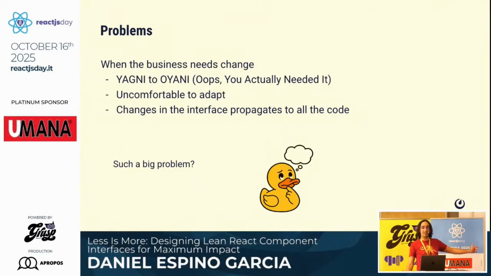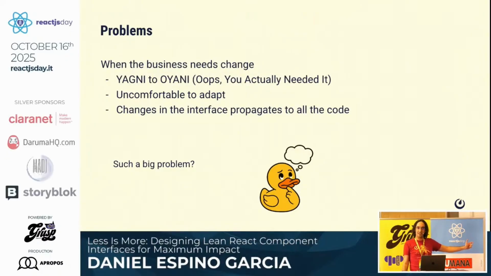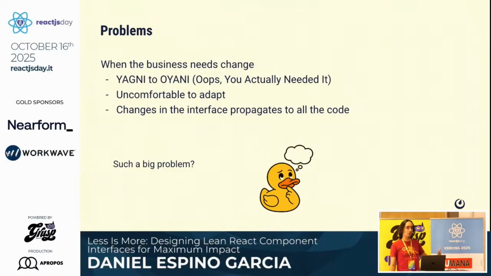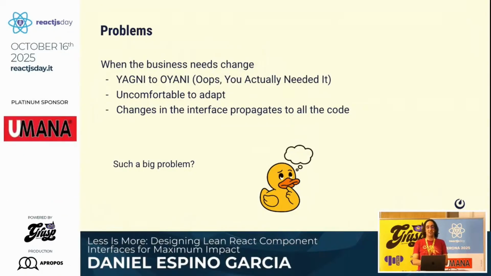I'm going to put it only in the style. Then I want a different shade of green. And suddenly there are 30 different places in the code that you have to change just to get a different shade of green. That being uncomfortable forces you to think about how you want to engineer the thing, how you want to design your project. And yeah, changes in the interface propagate to all the code.